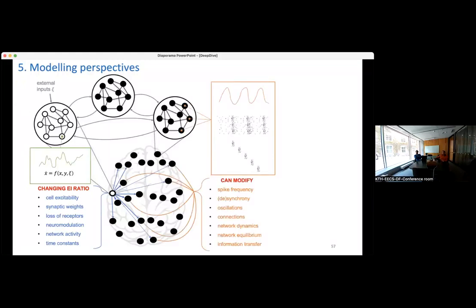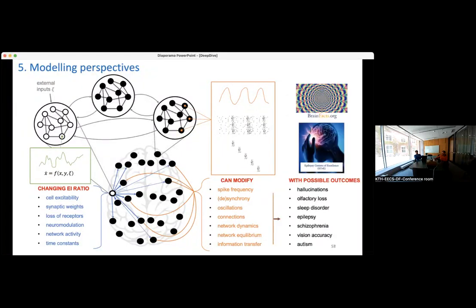It can modify it in many ways. As I told you at the beginning, in the basal ganglia it can create some spikes, change the spike frequency, the synchronization, oscillations, etc. So all of this is kind of suitable to study with some models.